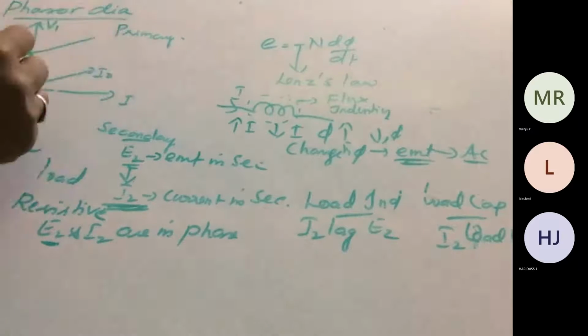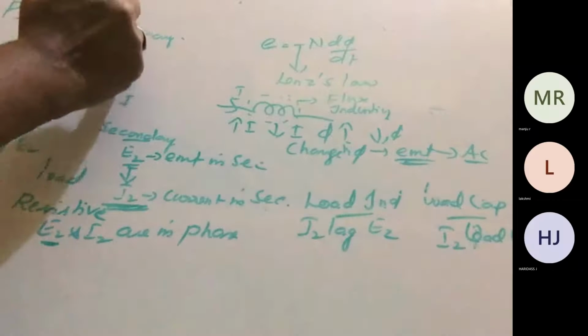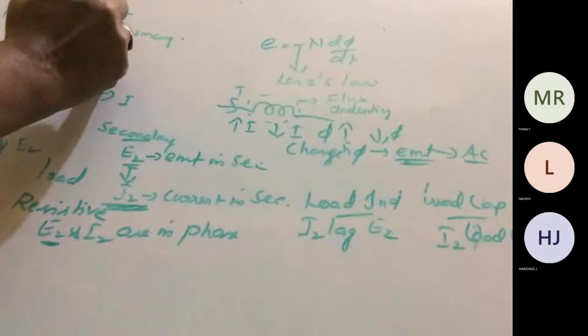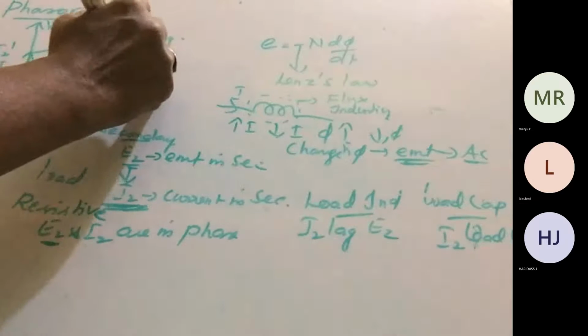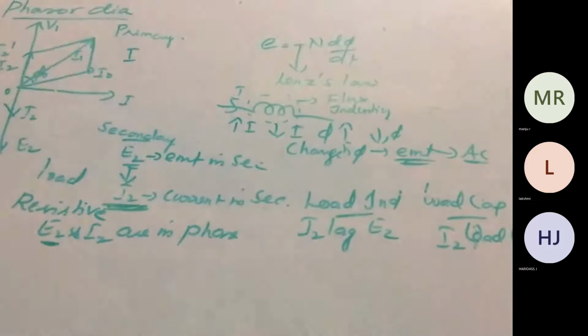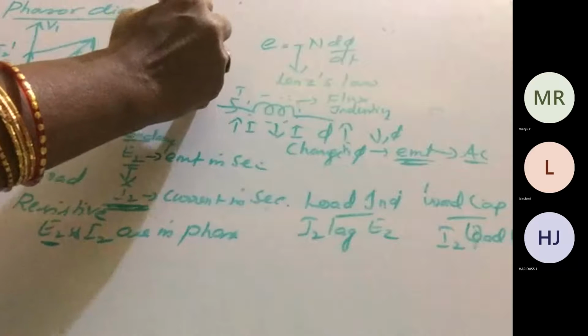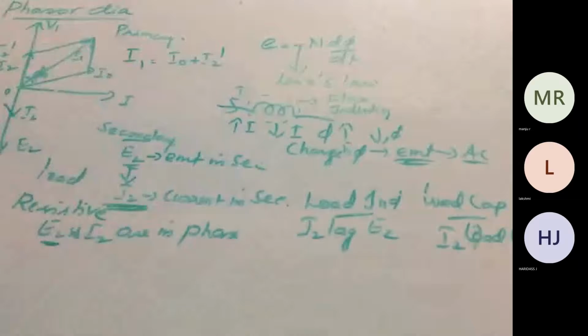From the origin to I2 dash, the same magnitude you draw from I0. So the resultant is I1, the primary current. I1 is equal to I0 plus I2 dash, written simply using the parallelogram.